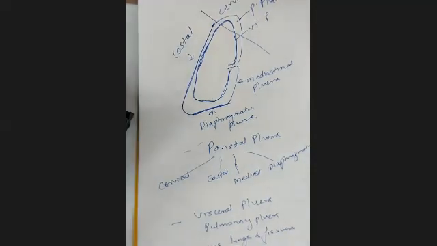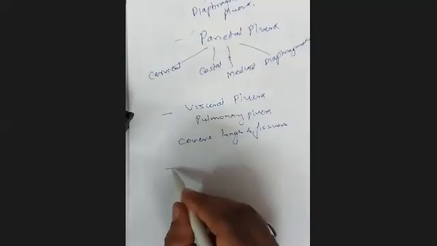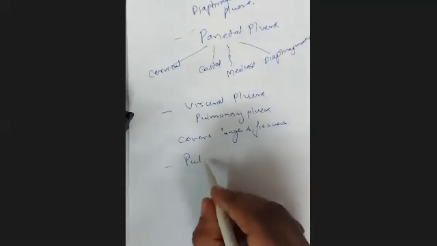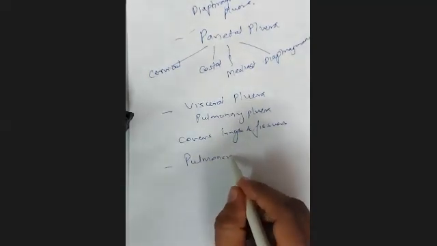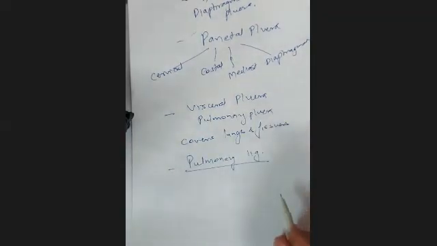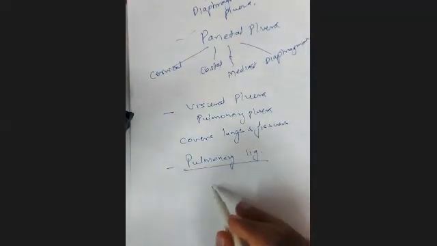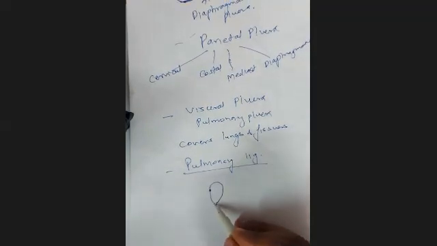Now you have to understand one more concept, and that is the pulmonary ligament. What is the pulmonary ligament? The parietal pleura and the visceral pleura are continuous at the hilum. Suppose this is the hilum of the lung.